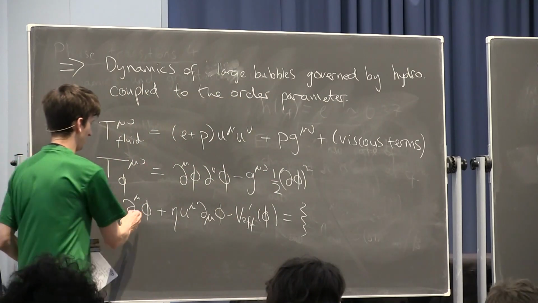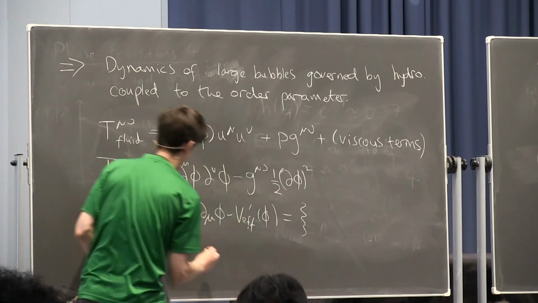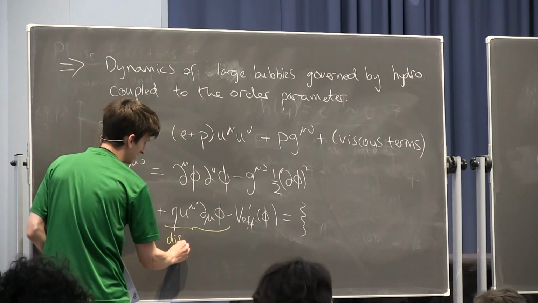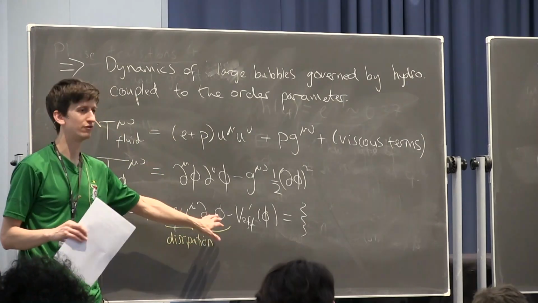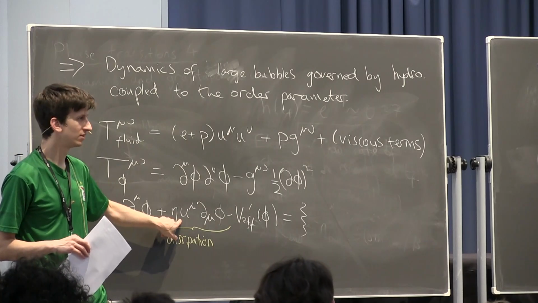So here, those 2 terms are the usual terms you might expect for the evolution of the scalar. There's additionally a term here, which is dissipation, basically. And it allows the scalar field to dissipate energy into the fluid.